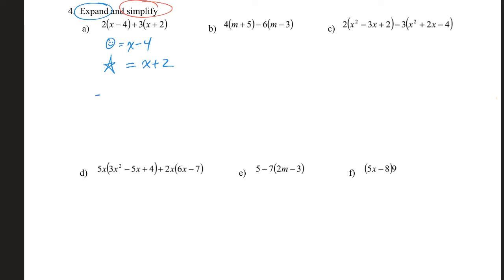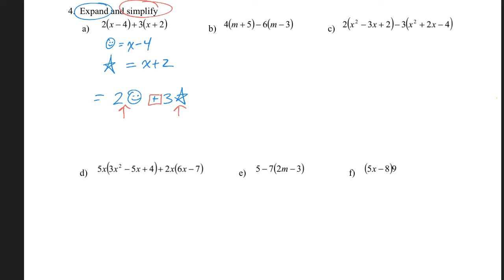Then can you see that that expression is really 2 times happy face plus 3 times star? And maybe now you can really see your BEDMAS in there. Can you see that you have 3 operations? You have multiply, and add.